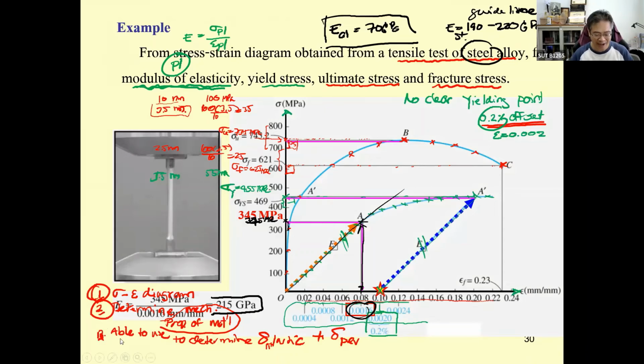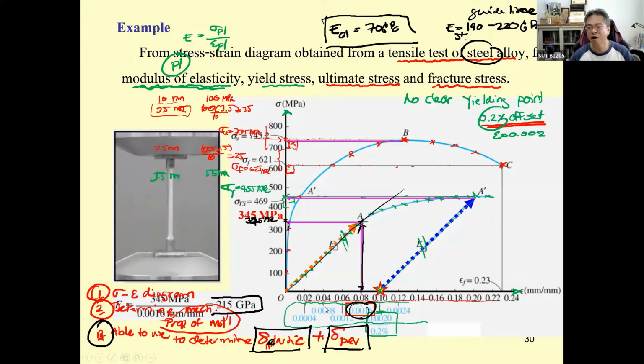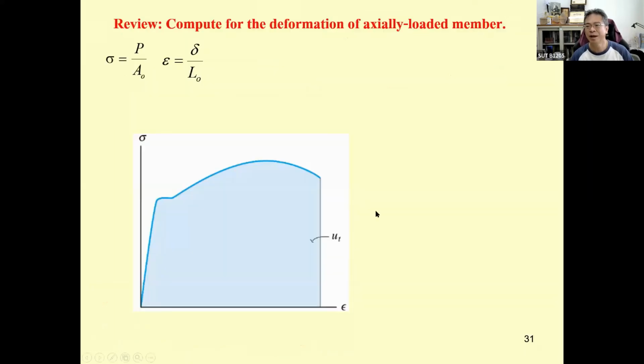You got to be able to use the mechanical property to determine the deformation. However, the deformation can be elastic deformation, can be plastic deformation. So a big picture, when you study the stress strain diagram, you separate into elastic region and the plastic or inelastic region.